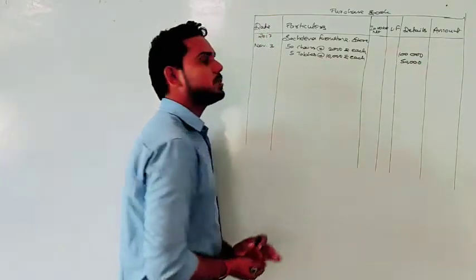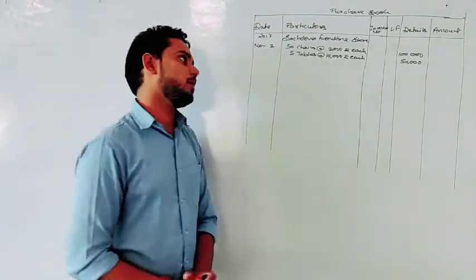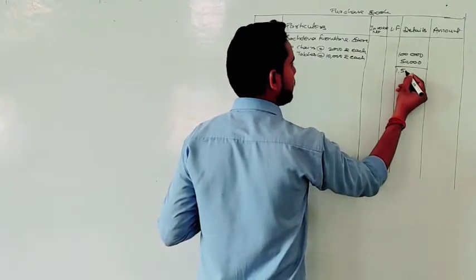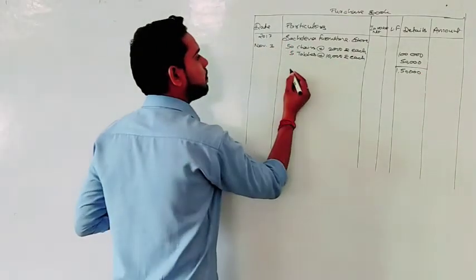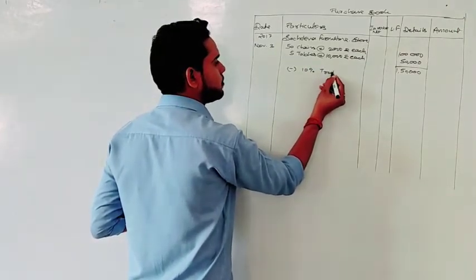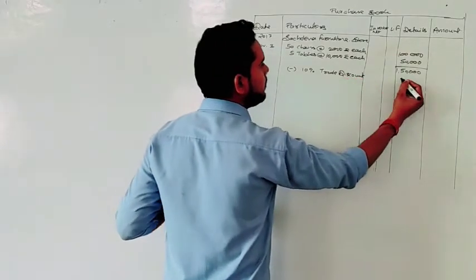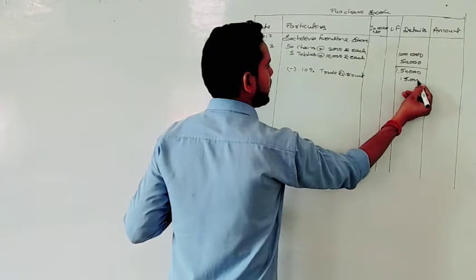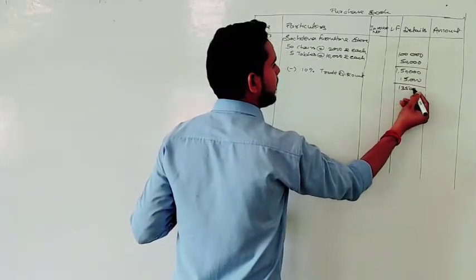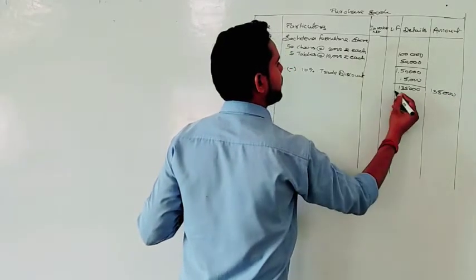So that is the transaction amount. Then it is given that we are having a trade discount of 10%. So what will we do? First we will total this. So this will be 1,50,000. And then we will deduct 10% trade discount. And 10% of 1,50,000 will be 15,000. So after deducting this, we will get a value of 1,35,000. This is the amount that we have to write in the amount column, right?